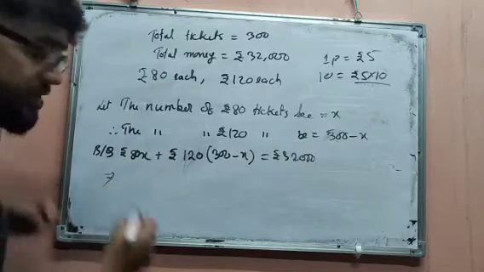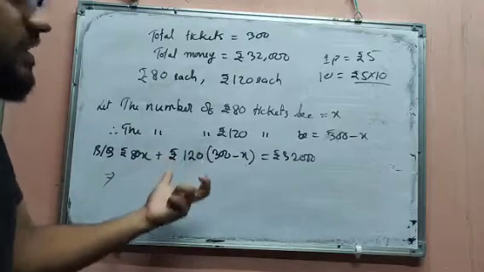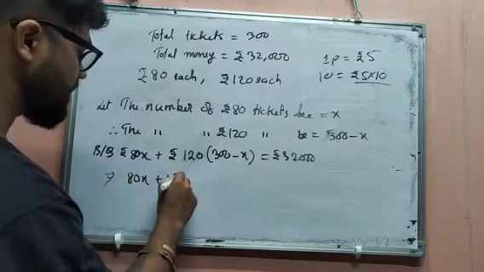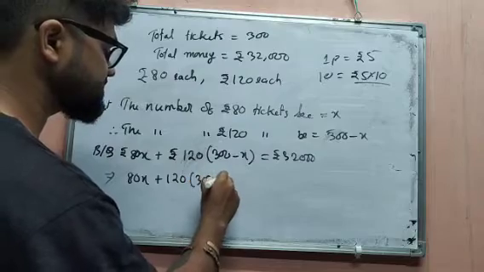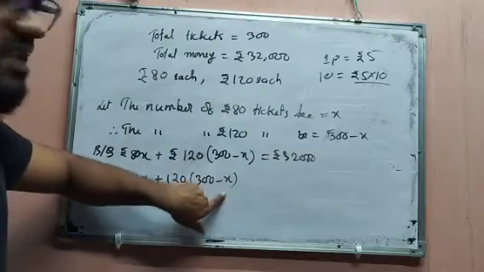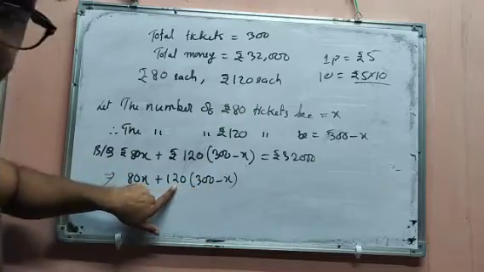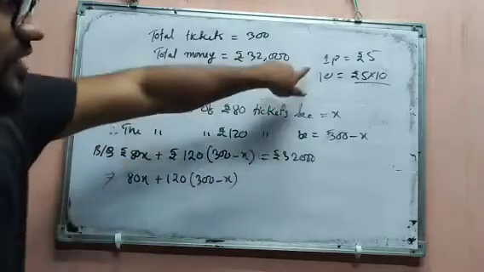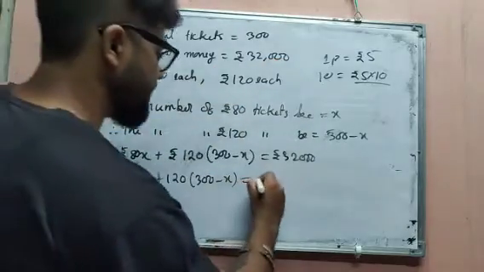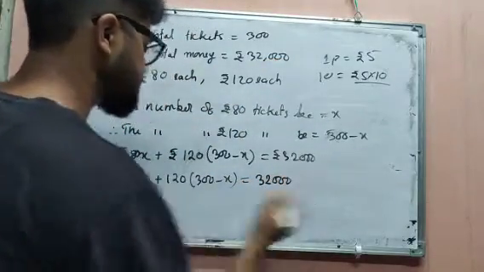Now simply remove the rupees sign for ease of calculation. Here it is 80x plus 120 into 300 minus x. Why is it 120? Because 300 minus x is the number of tickets at 120 each, so I am multiplying this. Always compare with the biscuit packet. So here it will be equal to 32,000.